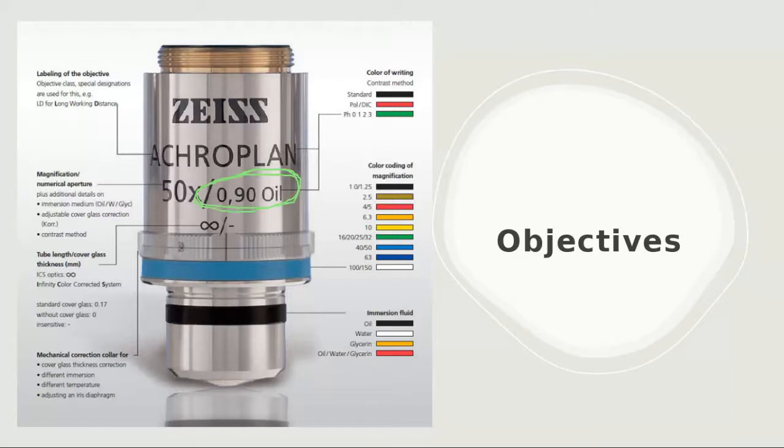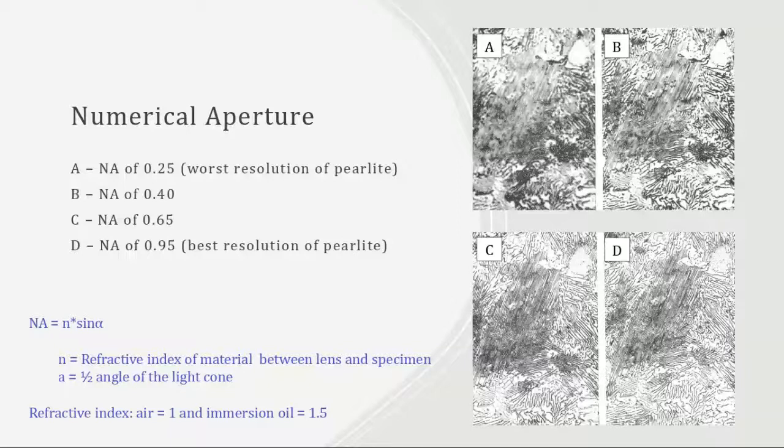That's 0.90 oil. Now when you look back at your other image, the oil is actually 1.5. So you could identify the angle difference between that and if you were to have used air.